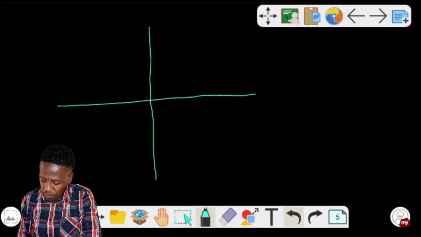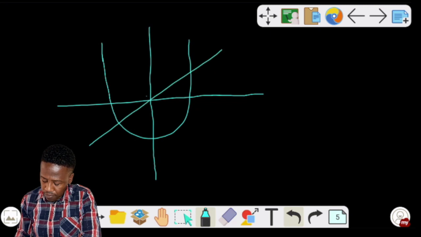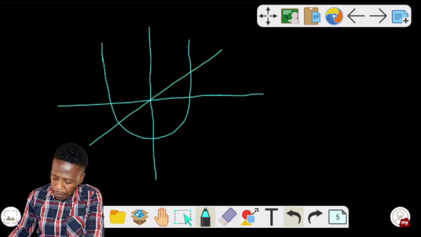Now using graphs, you might be given a parabola and a straight line graph, right?